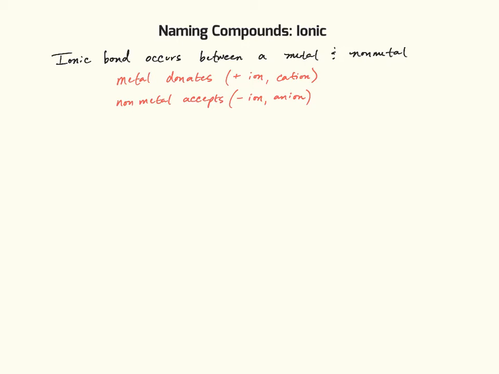Okay, so this idea of a metal and nonmetal has some important implications for us in terms of naming ionic compounds. So to do this, I'm going to use a couple examples here. Over here I'm going to have CaCl2.